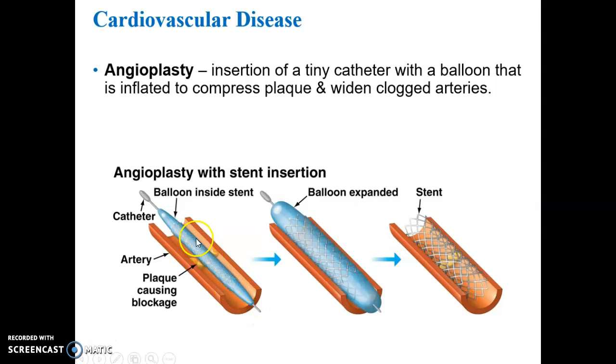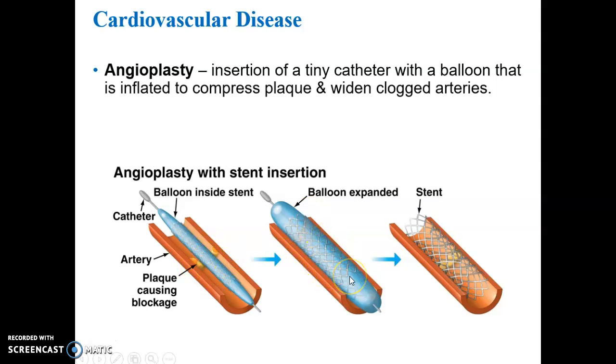Once the catheter is in place, the balloon is inflated, which helps remove the blockage of the plaque, kind of plastering it out, smoothing it out, widening the blood vessel.